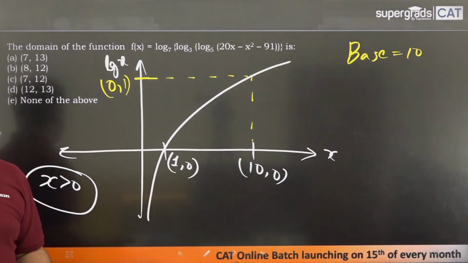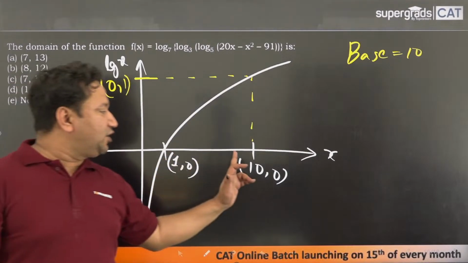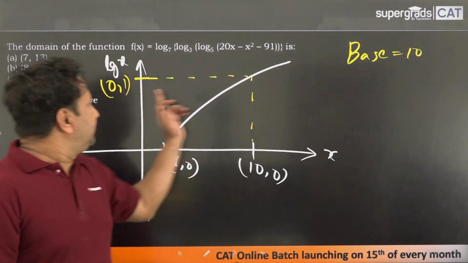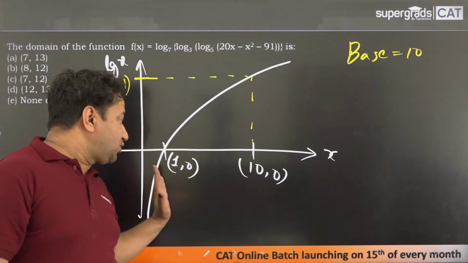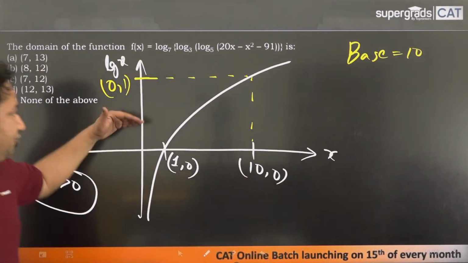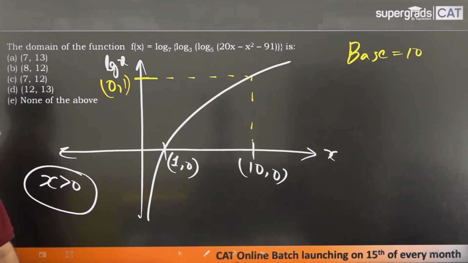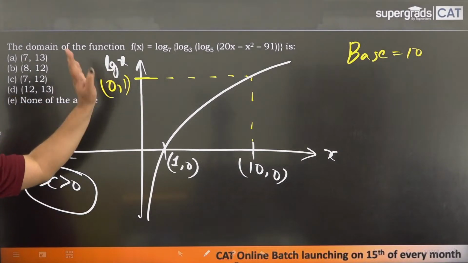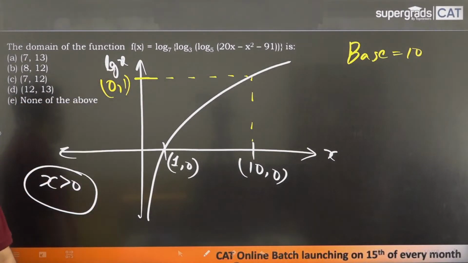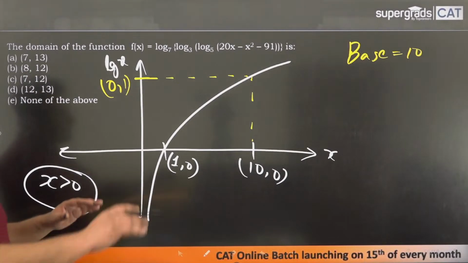Clear? अगर आप देखो इसको मैं और आगे बढ़ाऊंगा, if I move to 100, this will move to 2. Log 100 is 2. So if the x moves total of 99 steps, y will move only for 2 steps. So rate at which x increases, log x's rate is lot less than that.